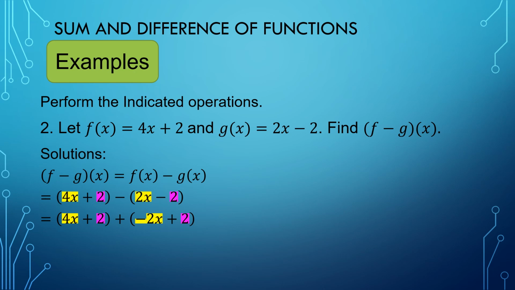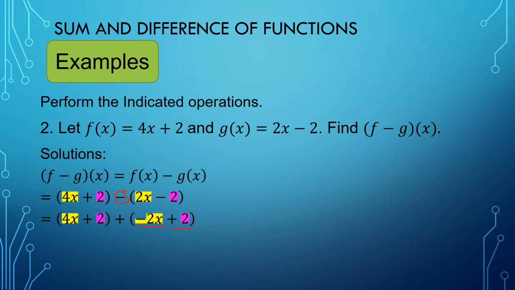Since we have here the minus sign, we will distribute the negative. So negative 1 times 2x, that is negative 2x. Negative 1 times negative 2, that is positive 2. So we have negative 2x plus 2.